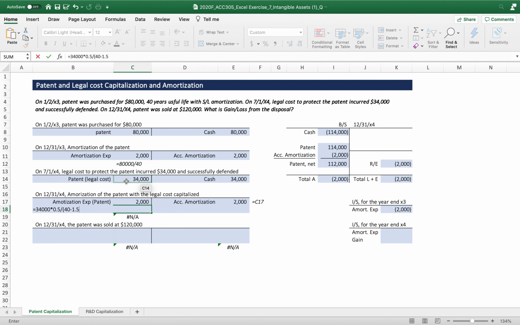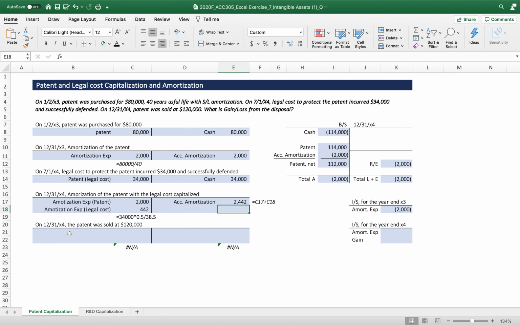That is the actual useful life of this patent legal cost. Or simply 38.5. That is the useful life. So we record the patent and the legal cost separately. Okay, then put this 442.